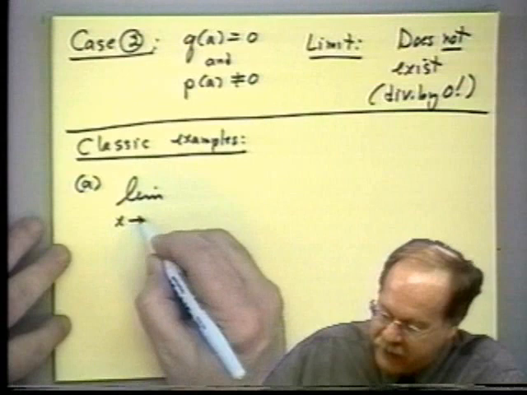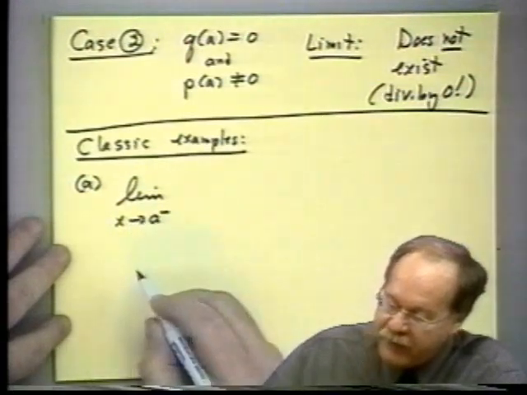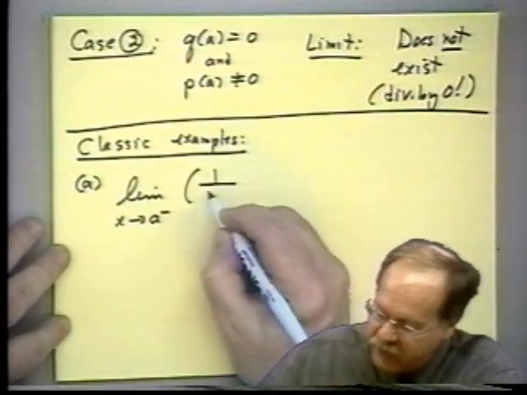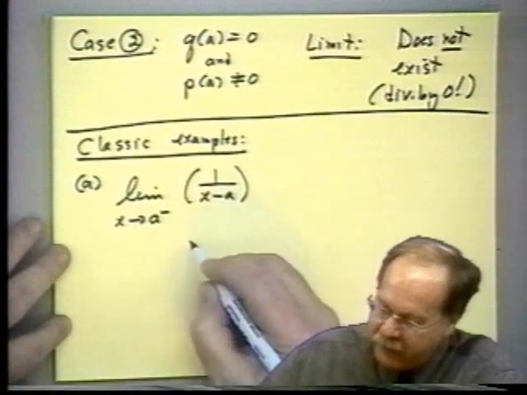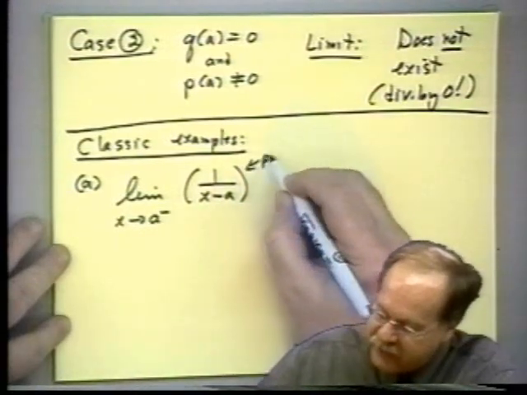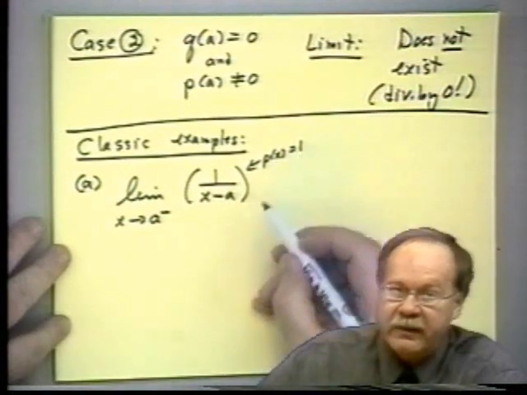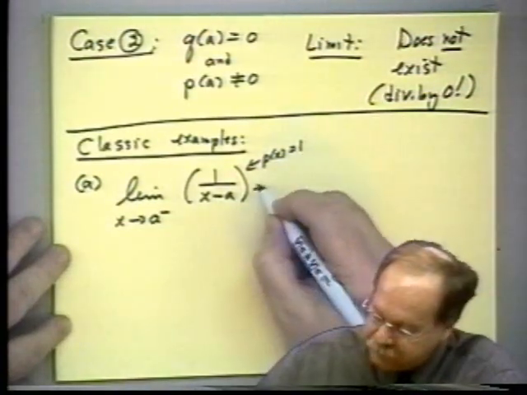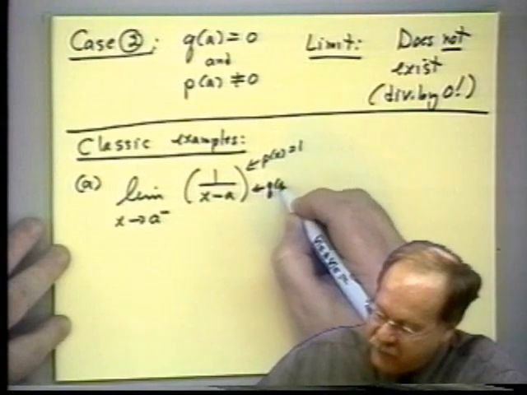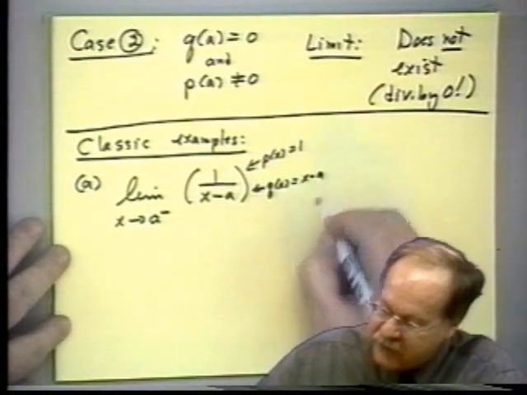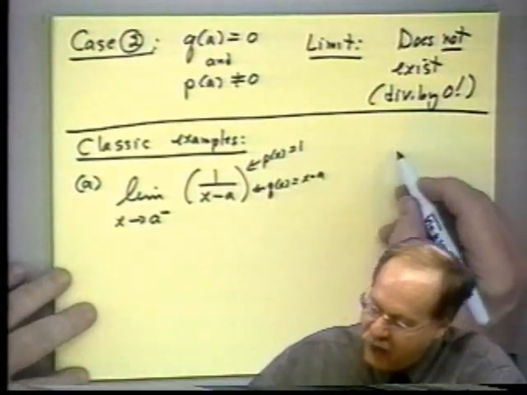Let's look at the limit as x approaches a from the left of the function 1 over x minus a. So here p of x is simply the constant function 1, so nothing I do with the limit will affect p of x. And in this case, q of x is the function x minus a, of course. What does the graph of this look like?